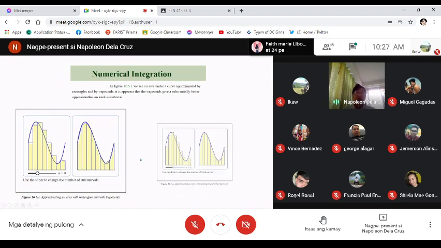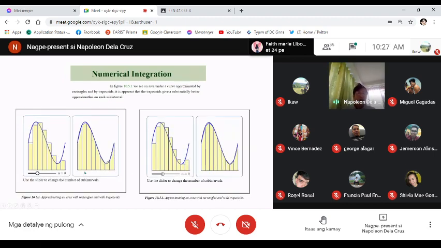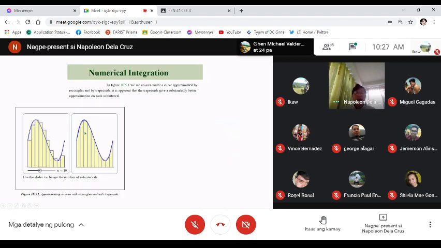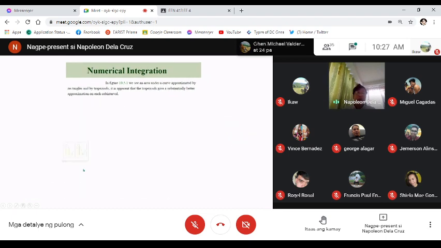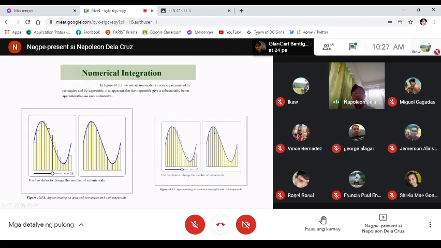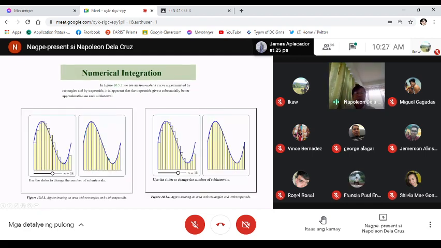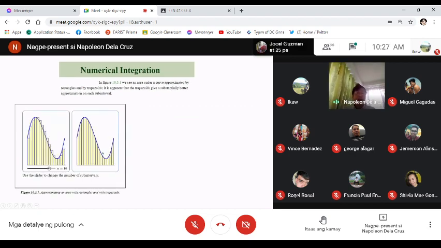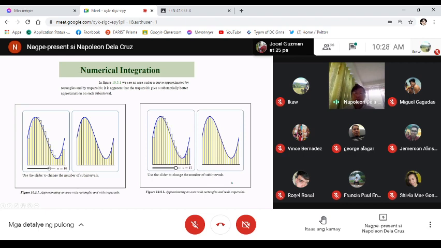Okay? So habang dumadami ang sub-interval, mas nagiging accurate ang ating pagsosolve ng area. Padami ng padami, nagiging mas accurate, nagiging mas precise ang area under the curve.